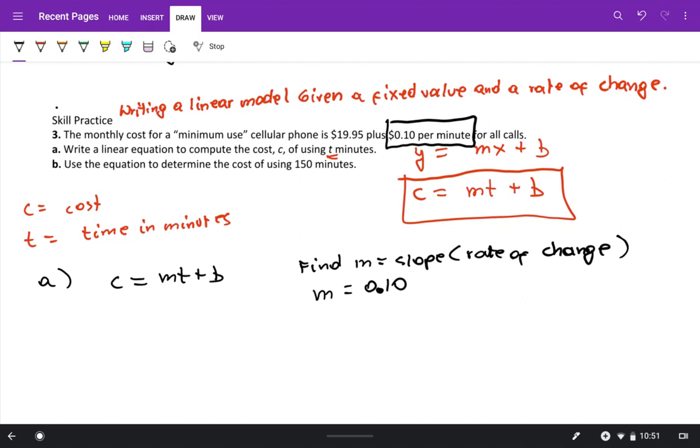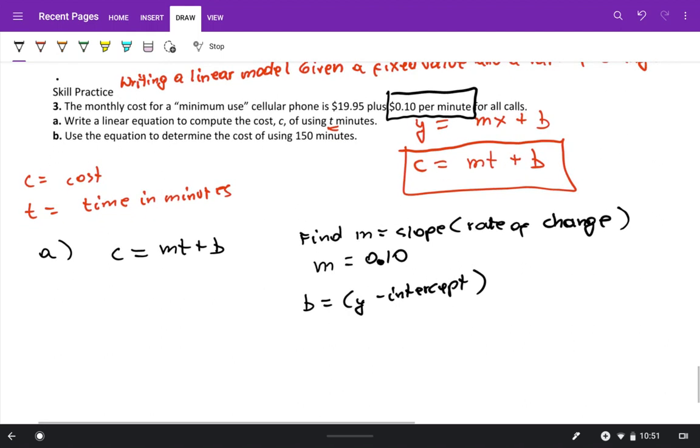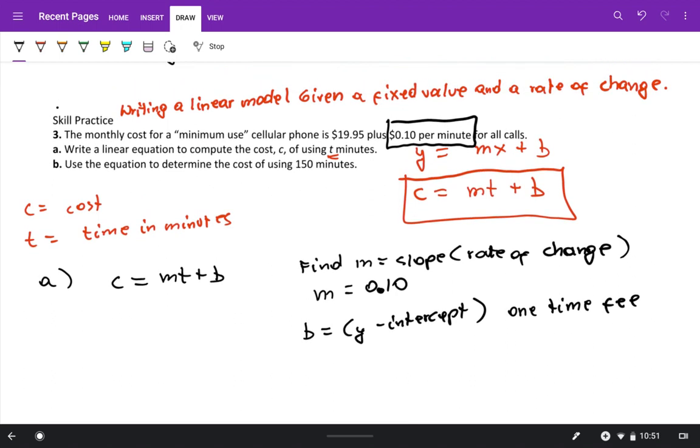The slope is always how much they charge per hour, per minute, in this case, per minute. Okay, so we know m. Now, b, which is the y-intercept. The meaning of y-intercept in word problems is that one-time fee, one-time charge. So this cell phone company charges you $19.95.